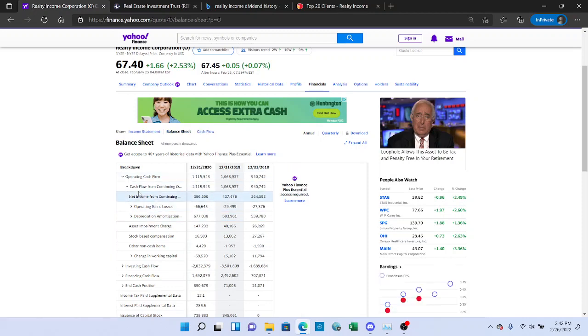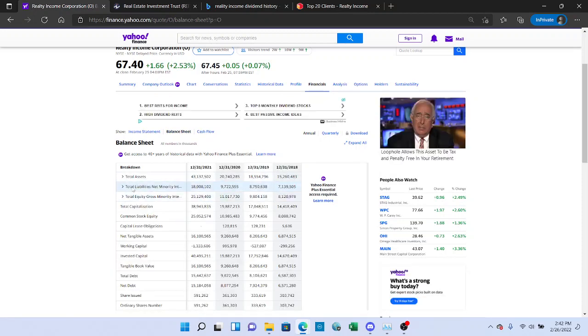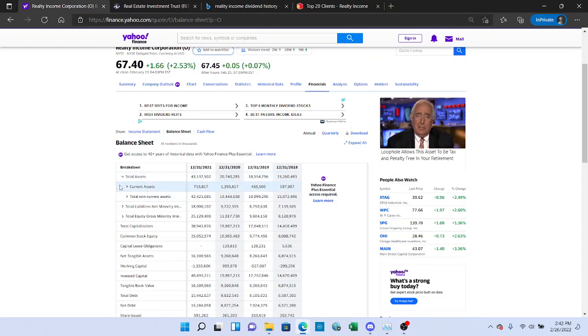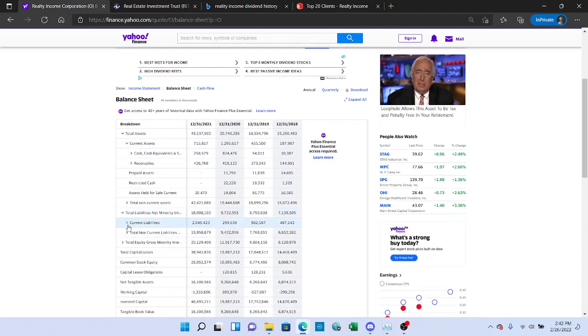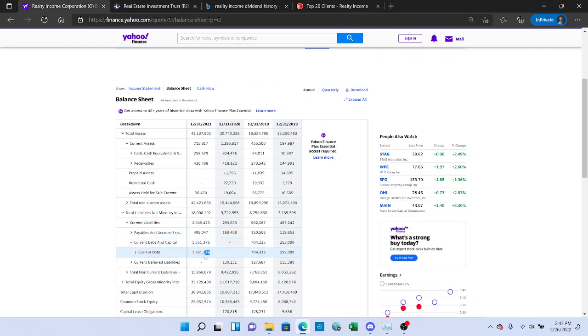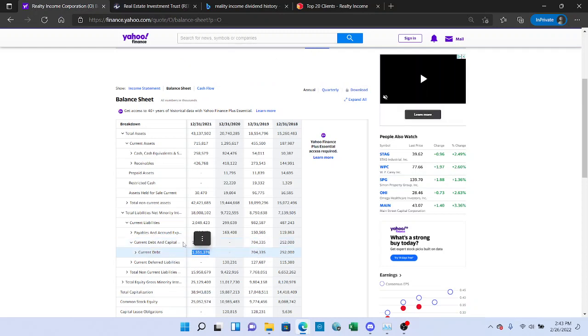So let's go back to their balance sheet. Let's just take a look at their current assets to current liabilities. So let's see. You can see they actually have a lot of current debt here.